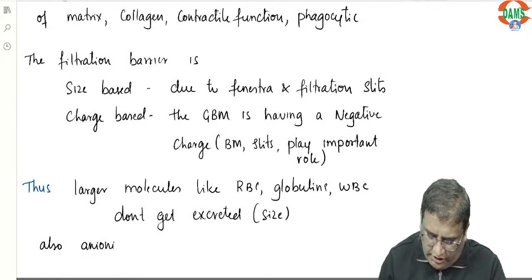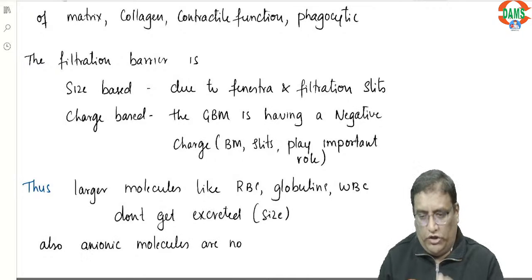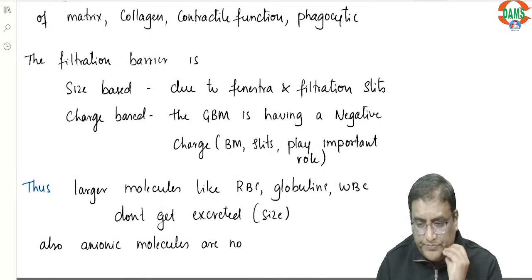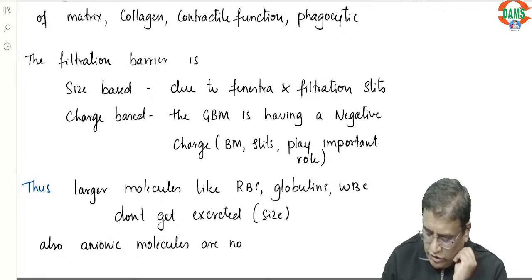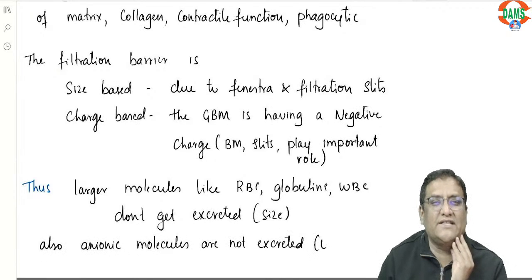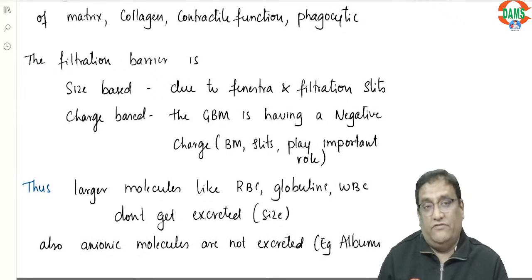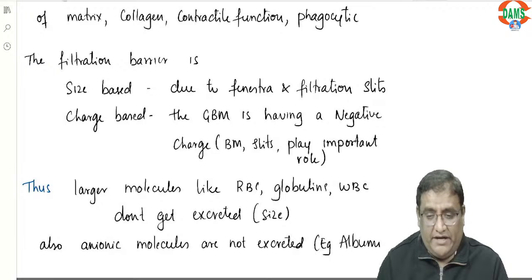Next, on the contrary, another important group is anionic molecules. What are anionic molecules? Anionic molecules, which are negatively charged, are also not excreted. Why are they not excreted? Because negative charge is there for the filtration barrier, isn't it?